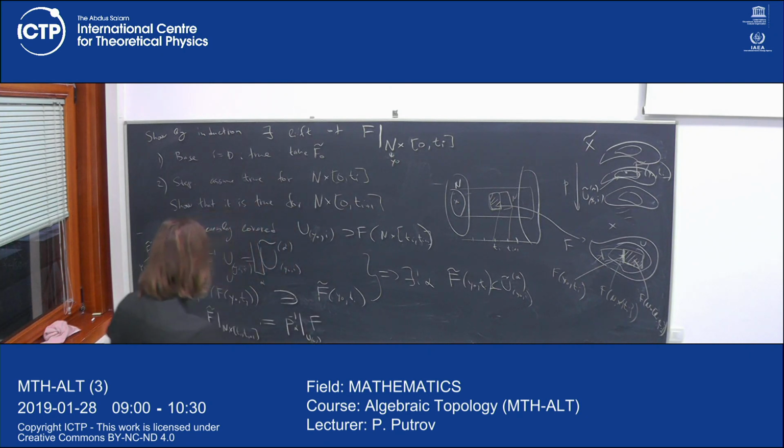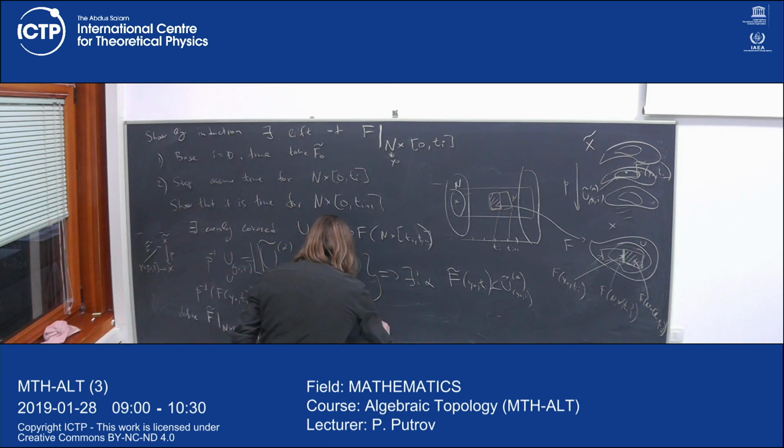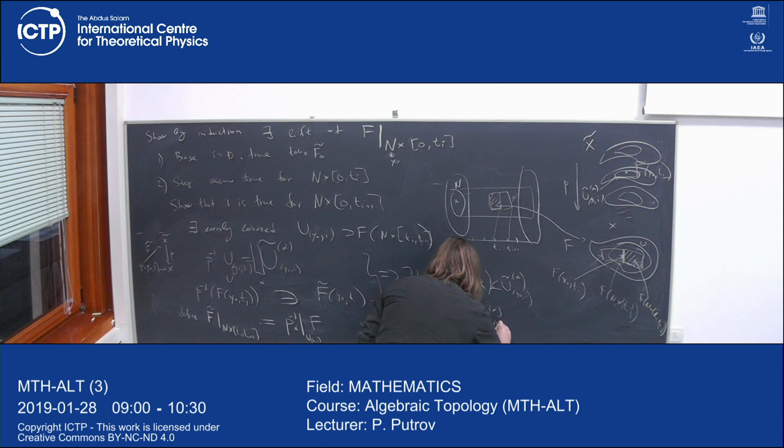Where P inverse alpha is a map from U y0 I to U tilde alpha.